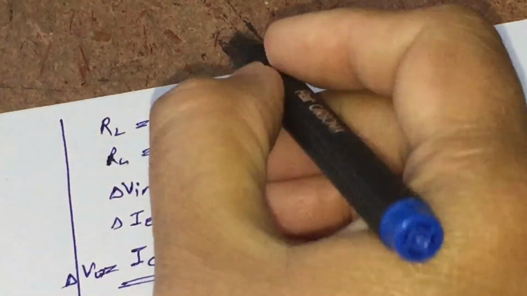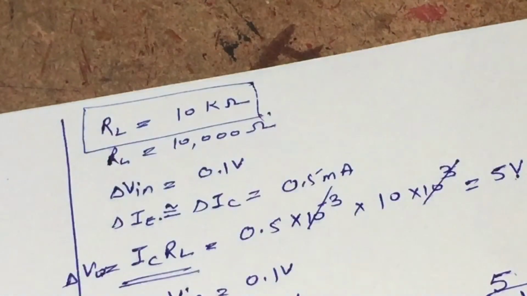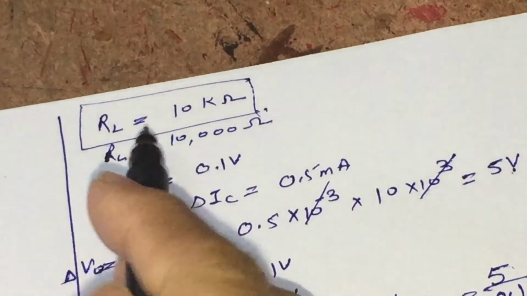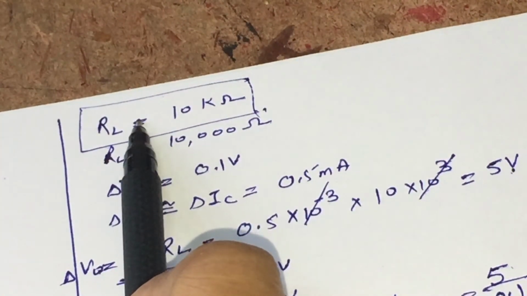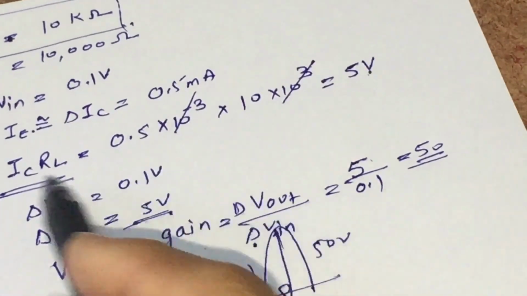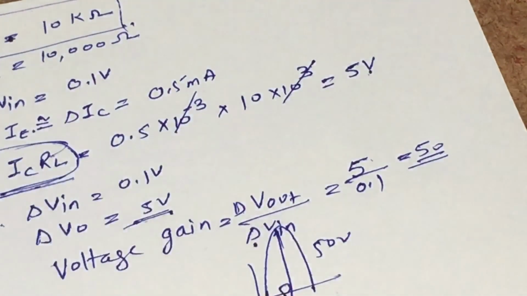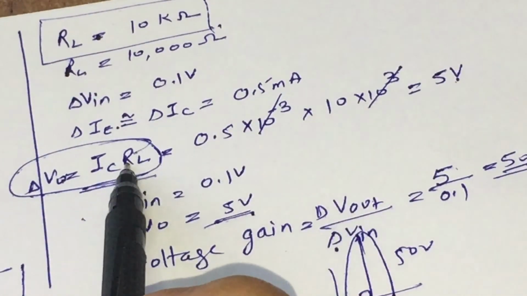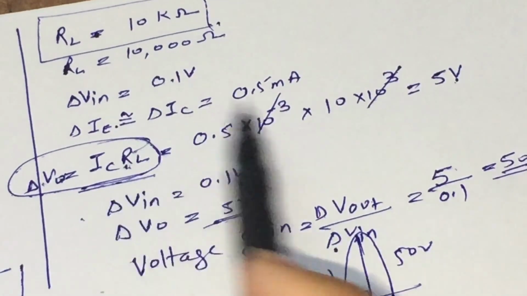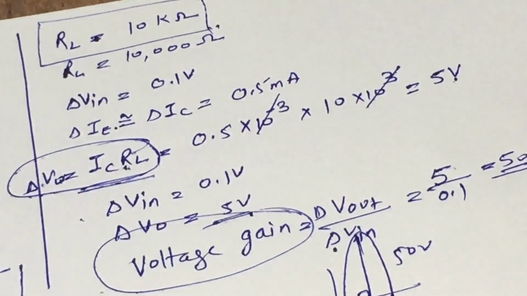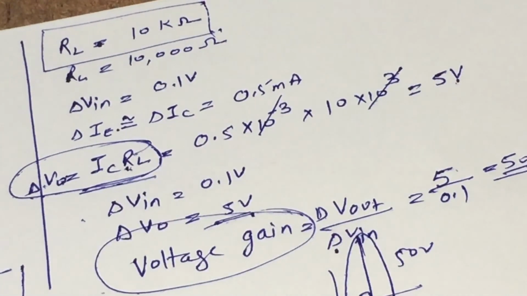The whole output depends upon the load resistance. If we increase the load resistance, we will increase our output voltage, and this increase in the output voltage increases the voltage gain in our circuit.